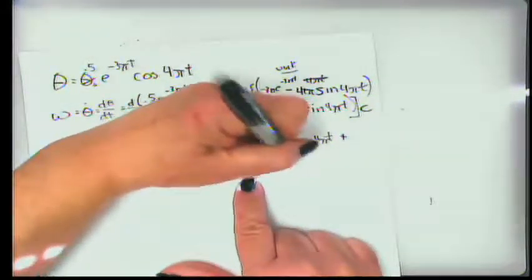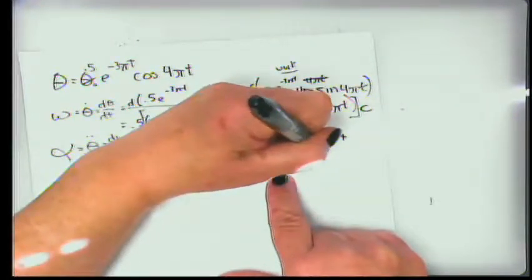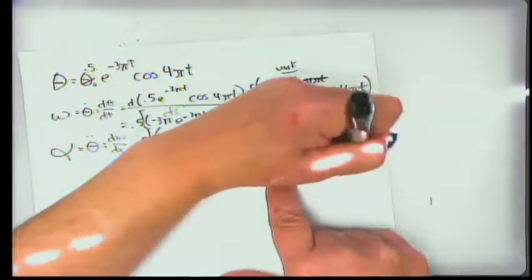There's my minus 16. Minus 16 pi squared e to the minus 3 pi t times the cosine of 4 pi t.